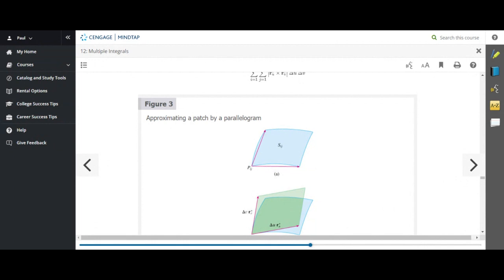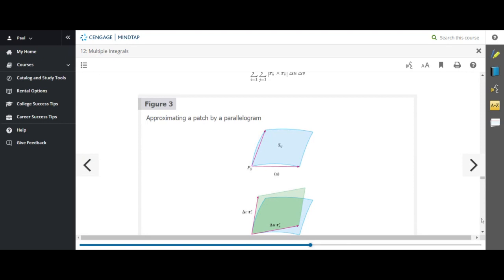The area of the parallelogram might not approximate the patch surface too well because this patch surface isn't completely flat, right? And you can even see a gap there in figure 3a. So it's an approximation.